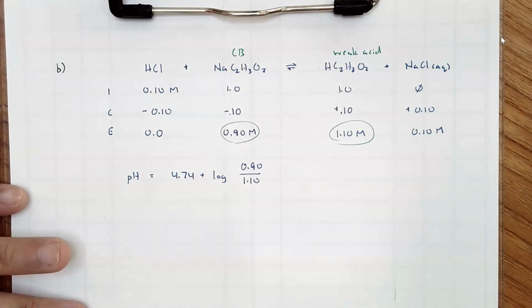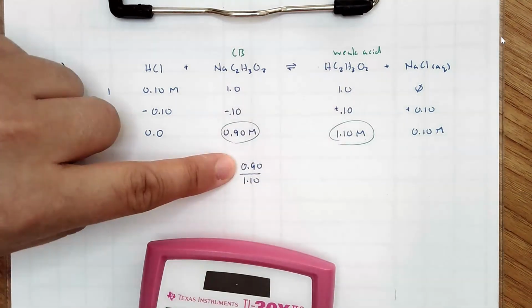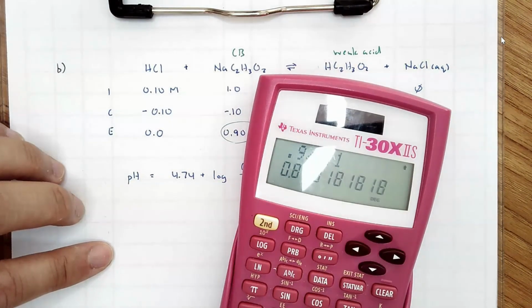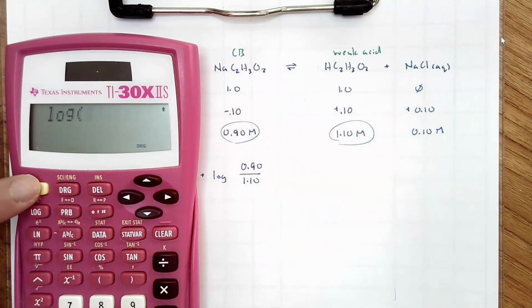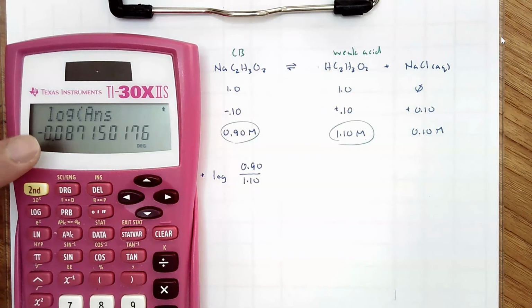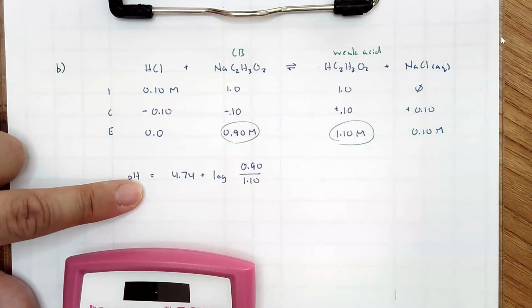Okay, let's do the calculation. 0.9 divided by 1.1, there. And then the log of that answer is a negative number. Okay, that's good because we said that the pH will be lower.